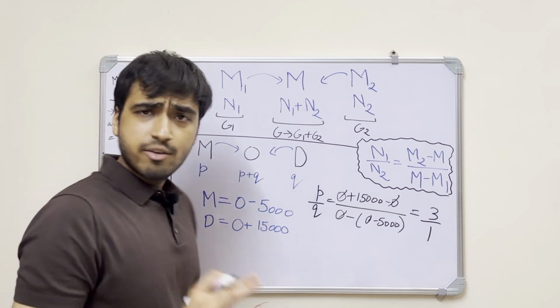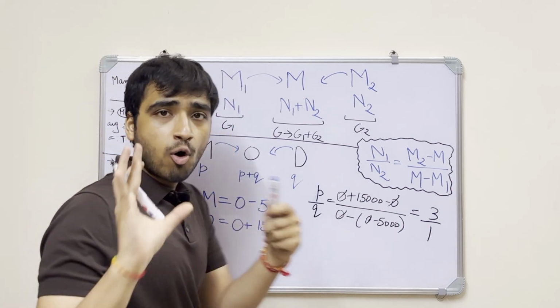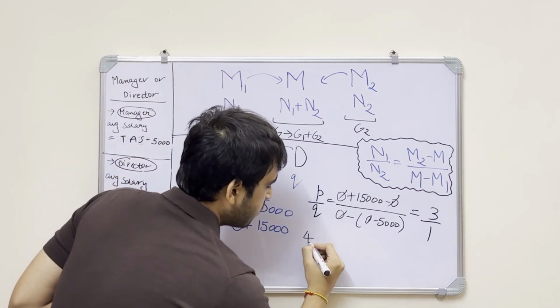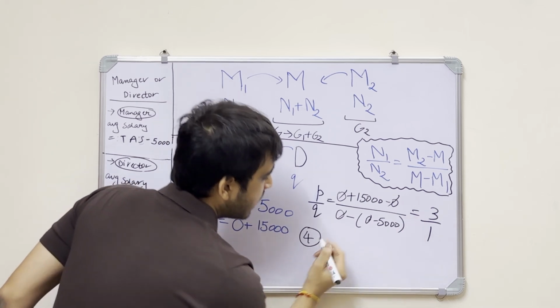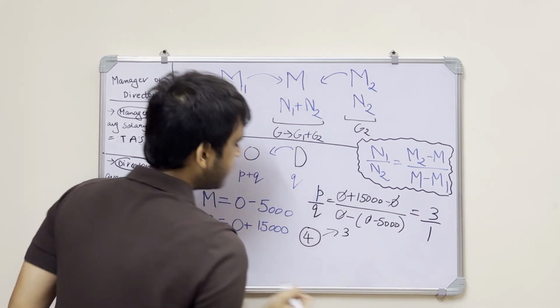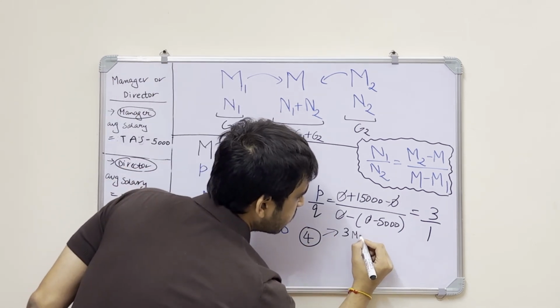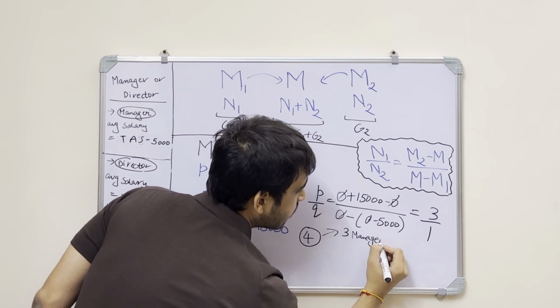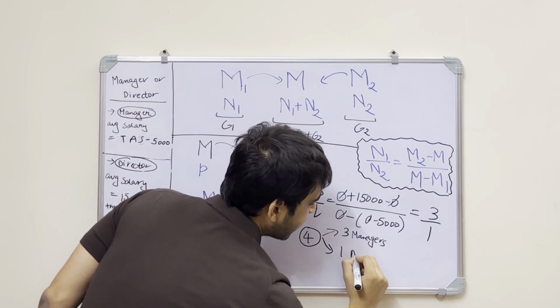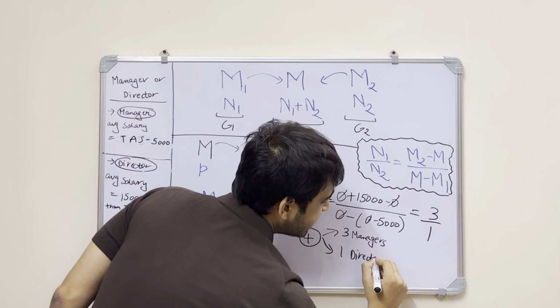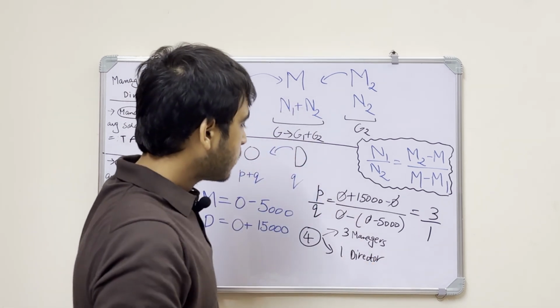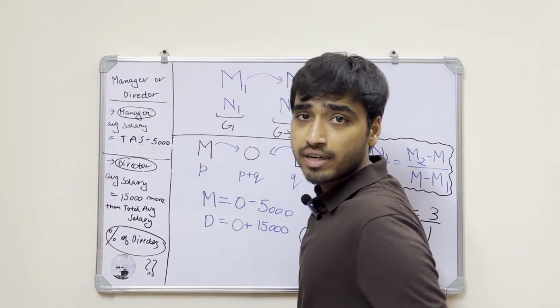Right? So let's suppose that we have an organization where there are 4 people, right? Because 3 plus 1 is 4. That means 3 of them will be managers, right? And 1 will be director. Very simple, right? So we had to find out the percentage of directors, right?